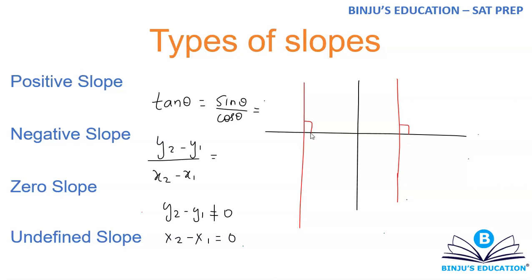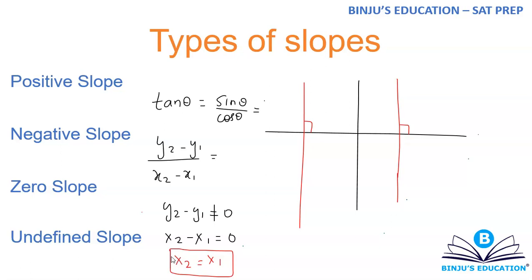Or if you do not know trigonometry, let's do it with y2 minus y1 divided by x2 minus x1. It's completely fine. So if y2 minus y1 is not 0 and x2 minus x1 is 0, that means x2 is equal to x1. That means the x coordinate of the line is not changing, which means the perpendicular distance of the point from y-axis is not changing.